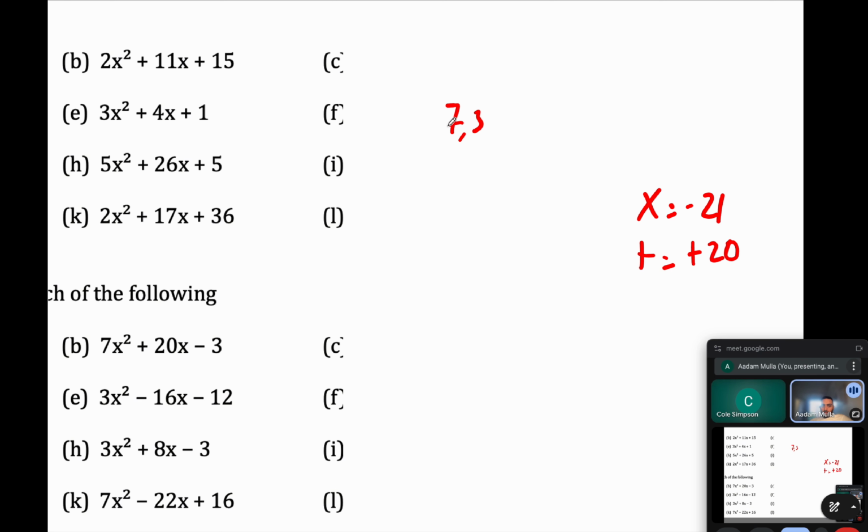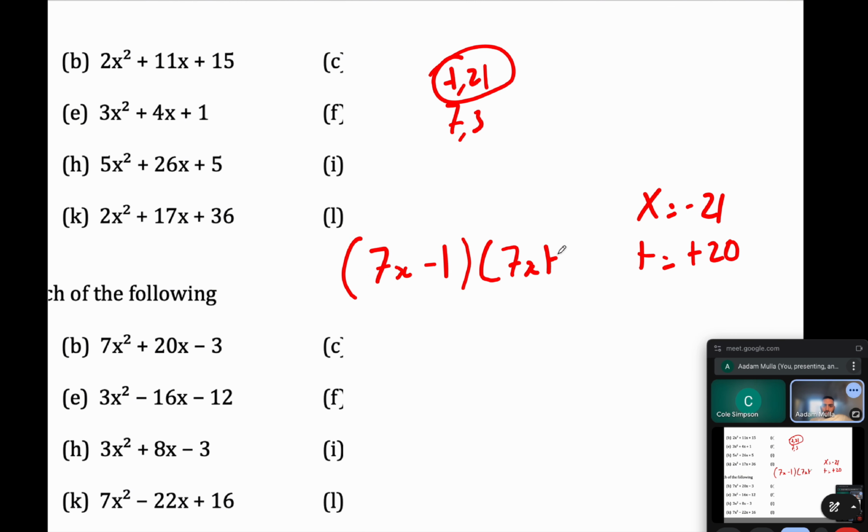Yeah, it's only one more. One. Yeah, 1 and 21. So it's not going to be these because that doesn't really make sense to get the negative 21. But how do we get positive 20? Which way around should it be? Minus 1, plus 21. Yeah, that's correct. So then we've got 7x minus 1 and 7x plus 21.